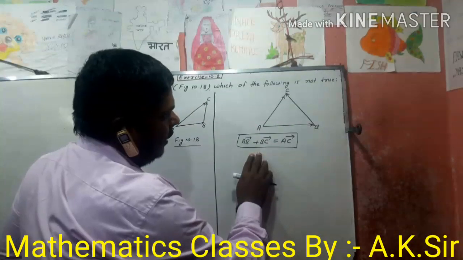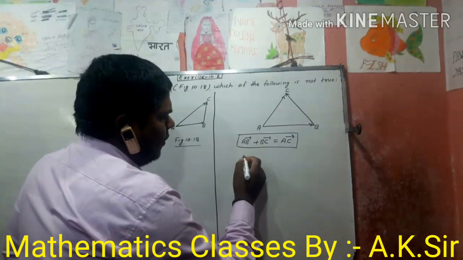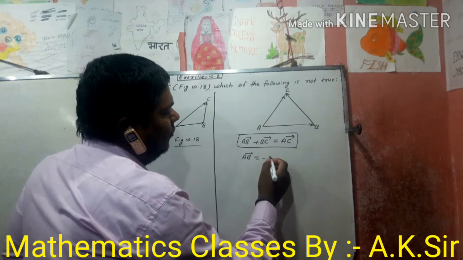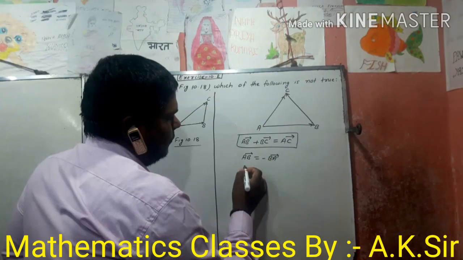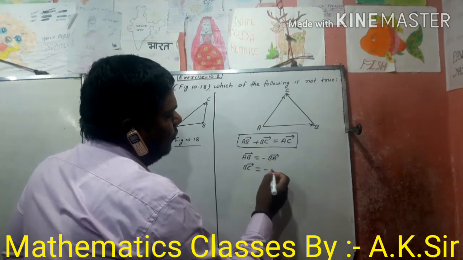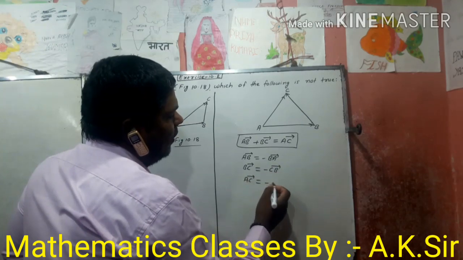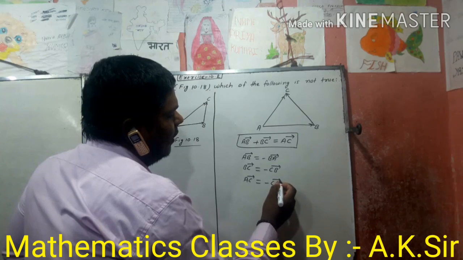This is called triangle law. AB vector is equal to minus of BA vector, BC vector is equal to minus of CB vector, AC vector is equal to minus of CA vector.